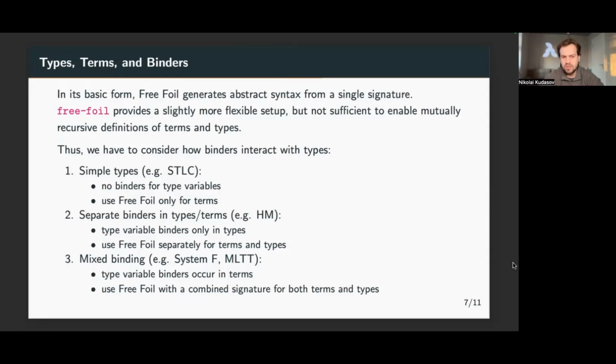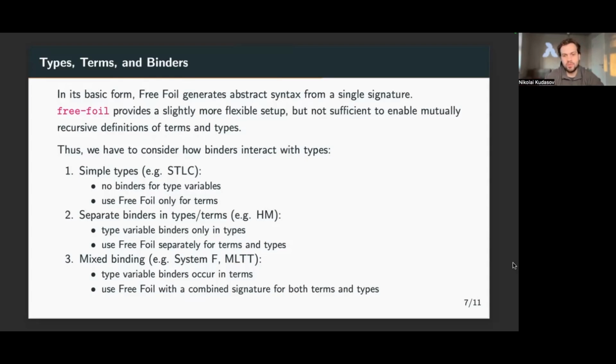So when using the FreeFoil for type checking, we have to consider what situation we're in and make a decision. In particular, if we have only simple types, that is, there are no binders that are allowed to bind type variables, then we simply use the FreeFoil on terms and treat types as built-in things that are not of concern to the FreeFoil.